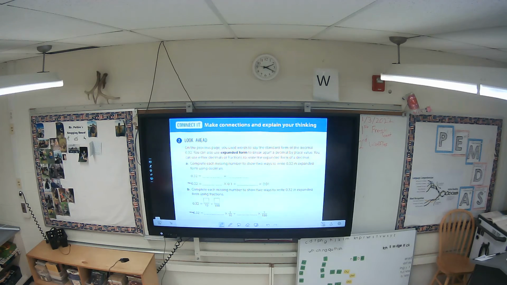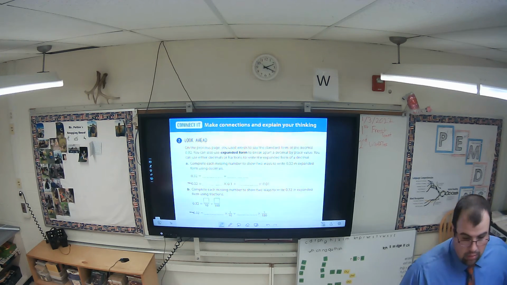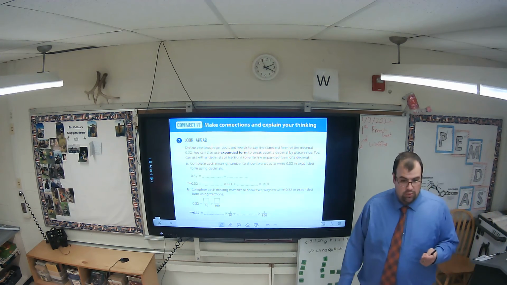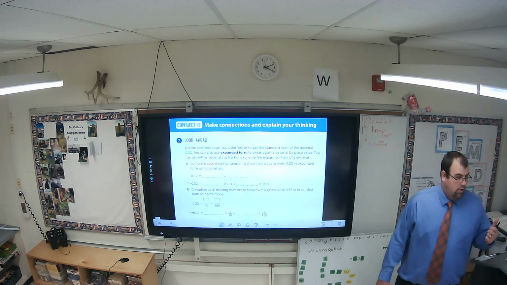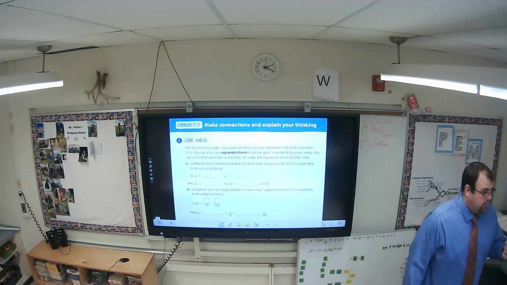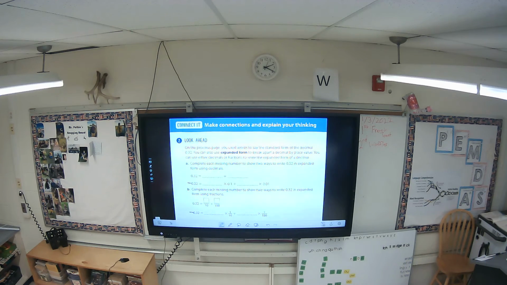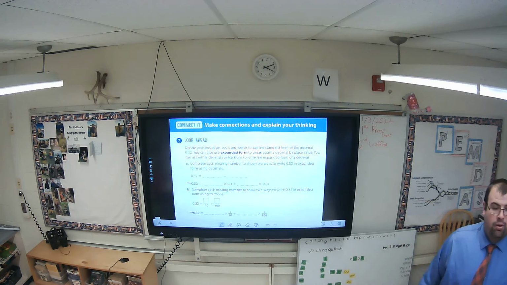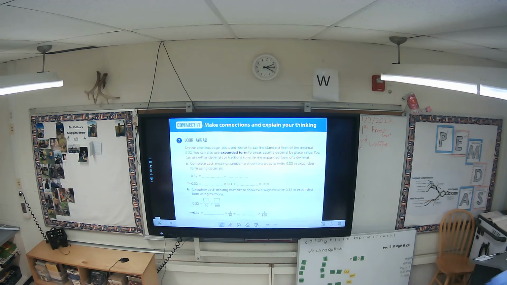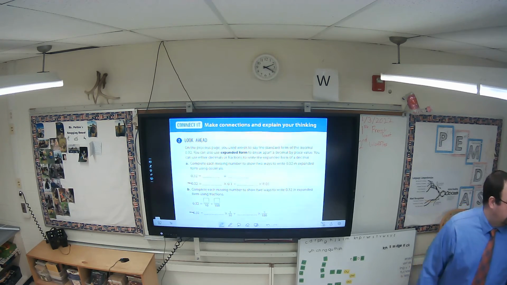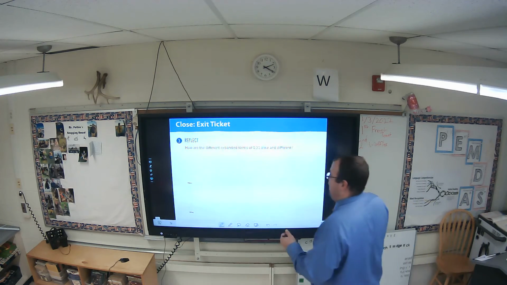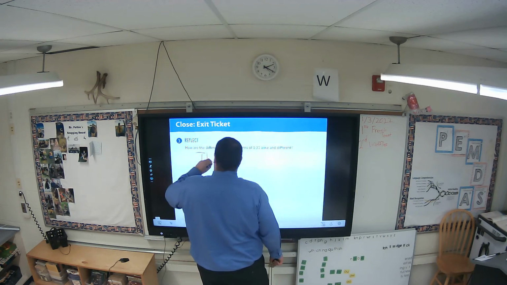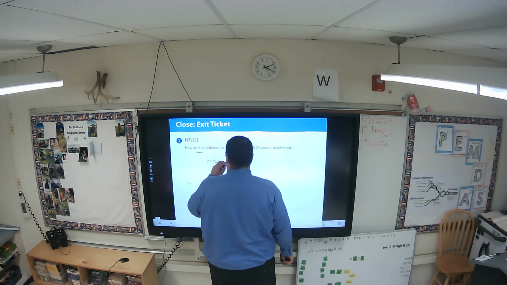We have ones, we have tens, we have tenths, we have hundredths. What are those? Decimals? Not decimals. Fractions? No, not fractions. What do we break expanded form into? They are our place values. So they are both 32 hundredths broken into place value, right?